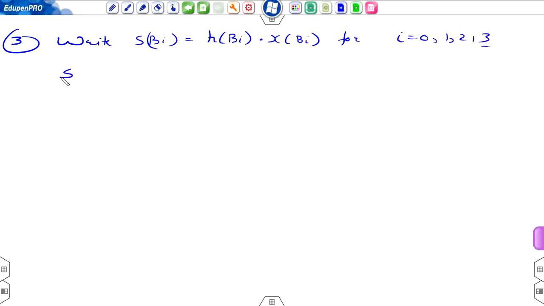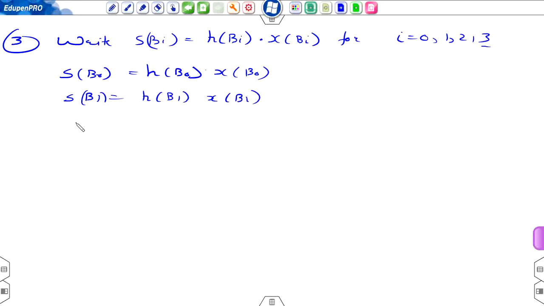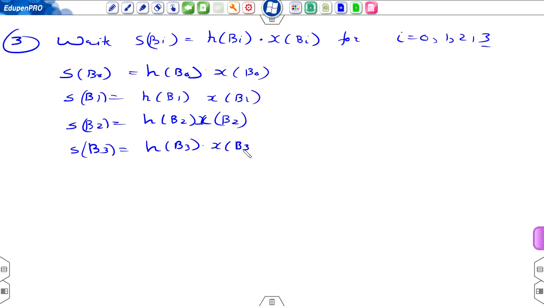So s of beta 0 is equal to h of beta 0 into x of beta 0, s of beta 1 is equal to h of beta 1 into x of beta 1, s of beta 2 is equal to h of beta 2 into x of beta 2, and s of beta 3 is equal to h of beta 3 into x of beta 3.